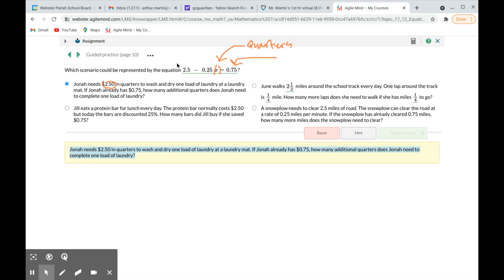Wouldn't we just subtract 75 cents from $2.50 and then divide by 25 cents and they give us our answer? Wouldn't that work? Yes or no? Would that give us our answer, Eli? I guess.